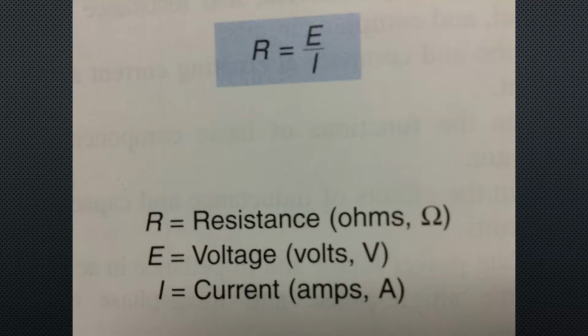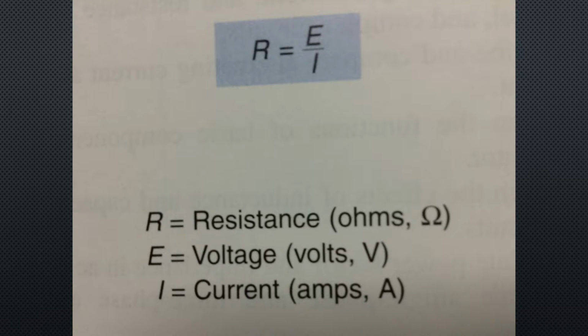For an electric circuit having a constant resistance, the current and voltage are directly related. That is, if the voltage is doubled, the current will double. If the voltage is increased 10 times, the current will increase 10 times. Thus, for any given circuit with a constant resistance, the ratio of voltage to current is constant.